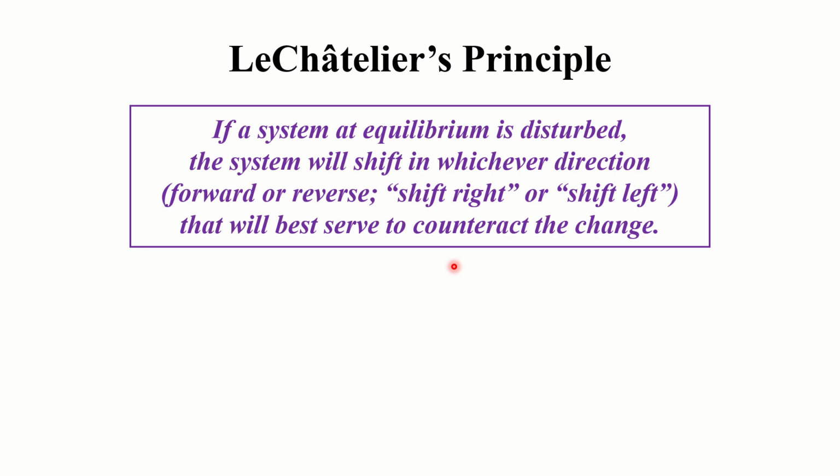If you change the conditions, the reaction will react to that because reactions are always trying to get and stay at equilibrium. If you disturb the system by increasing the temperature or changing the volume or something like that, we're going to look at different changes here. You basically disturbed the equilibrium and the reaction is going to shift in one direction or the other to re-establish that equilibrium and counteract the change.